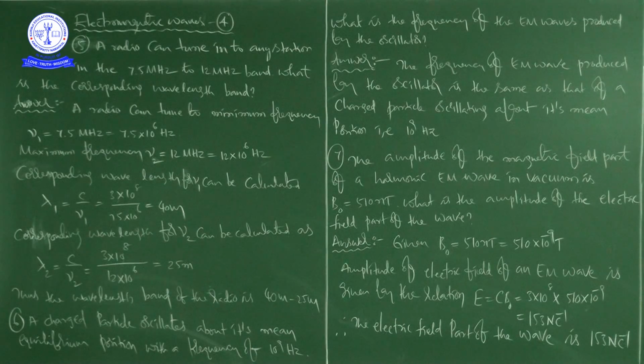Therefore, the electric field part of the wave is 153 Newton per Coulomb.